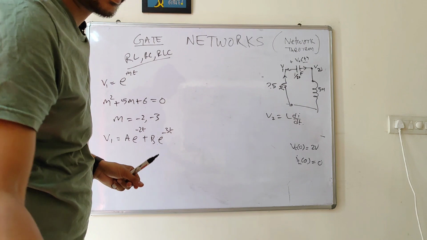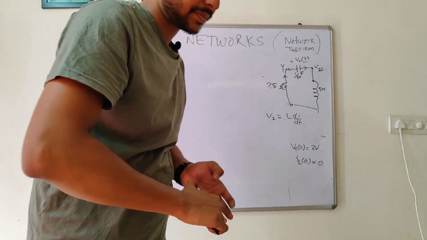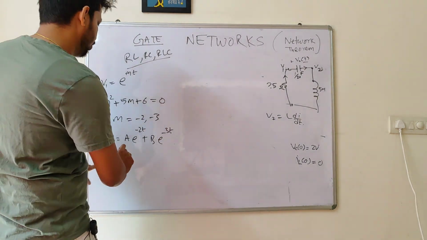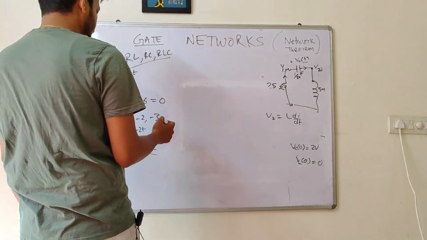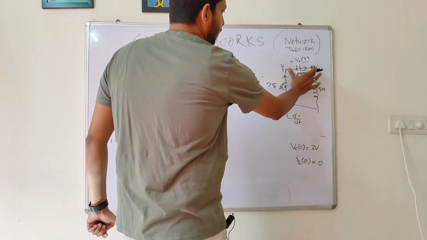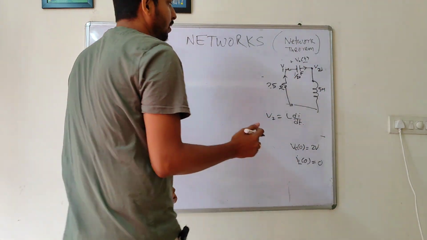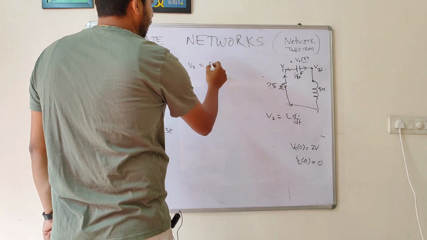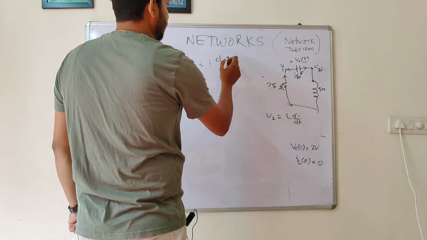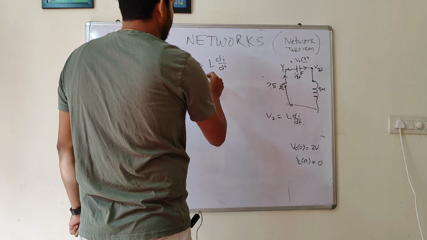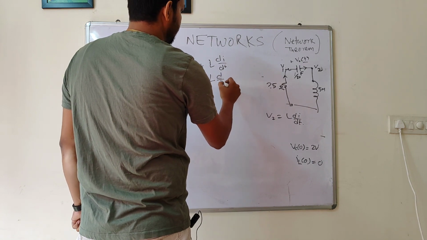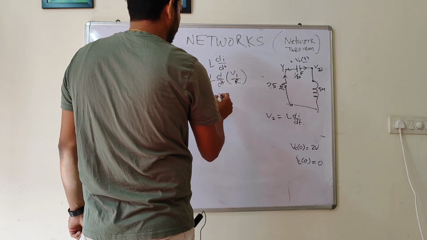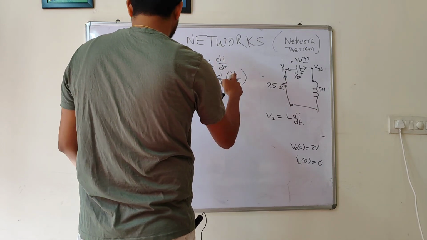Now how do we find this A and B? First of all, we need to find VC(t), not V1. V2 is L di/dt, and I is nothing but V1 by R, so it's L by R times the derivative of this.